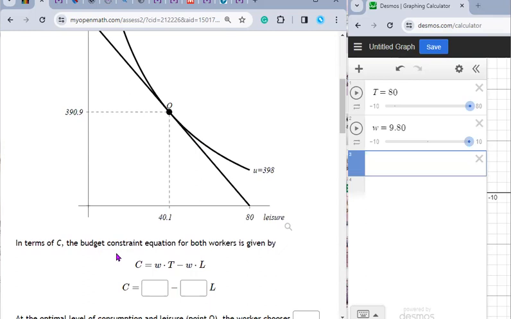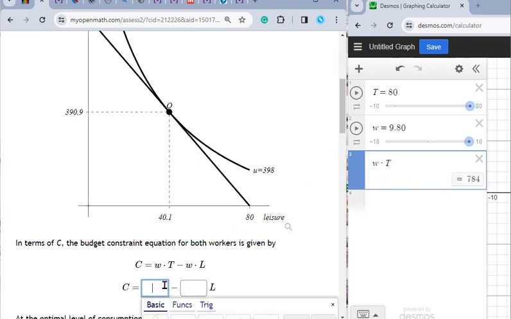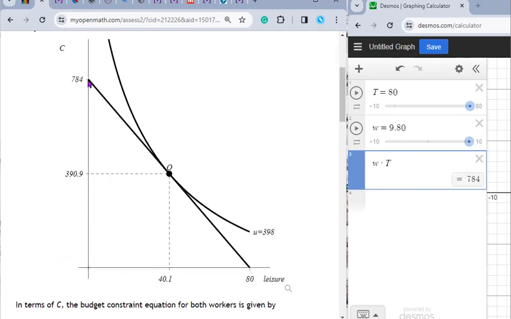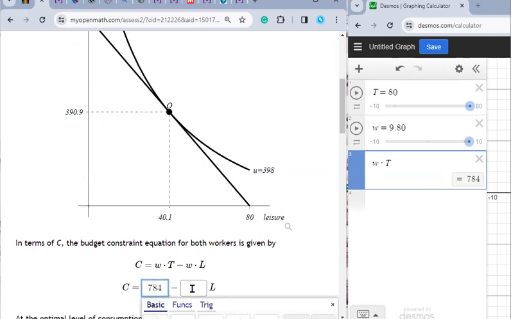So in terms of C, the budget constraint is what? Well, we got to plug in our wage times our time. So our wage times time is 784, that's the intercept. And then we got our wage of 9.8.